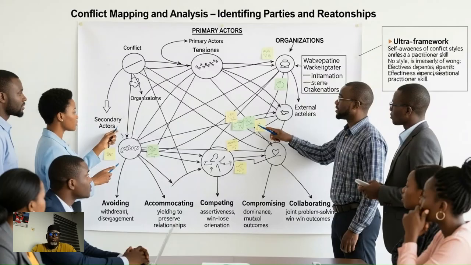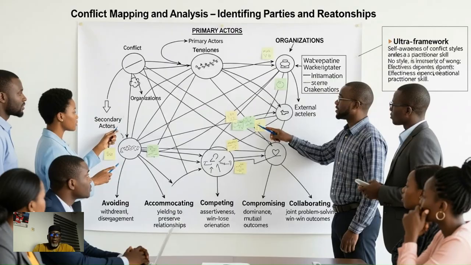Now we will look at conflict mapping. Conflict mapping and analysis. Conflict mapping is usually a visual tool that is used to analyze and understand the elements and dynamics of a conflict. It helps to identify the key actors, because we know that in every conflict we have primary actors and secondary actors, including individuals, groups, organizations, and external stakeholders.